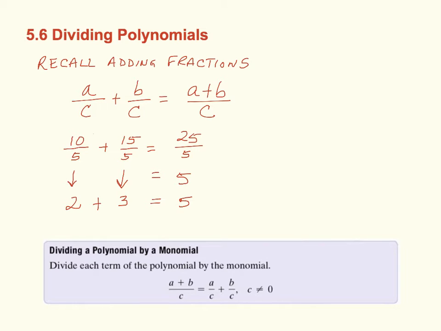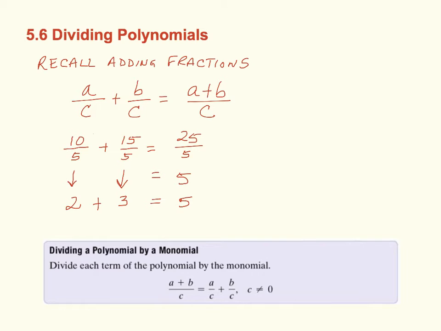How we added fractions. Listen, if you have two fractions that have the same denominator, then you're trying to add them or subtract them, all you do is add or subtract the numerators and keep the denominator the same.